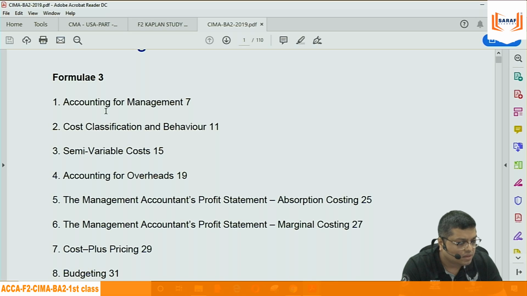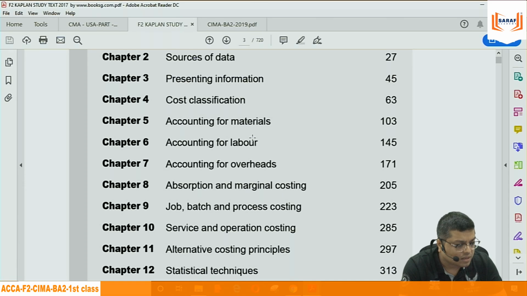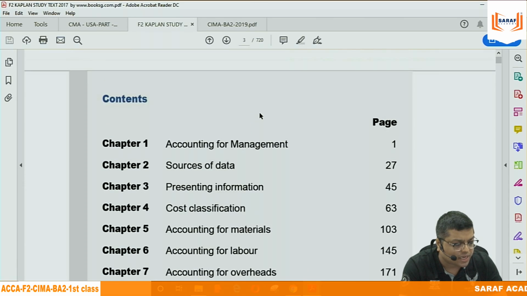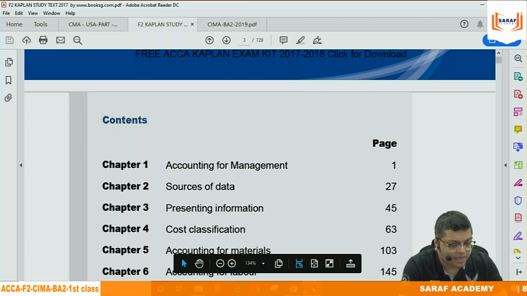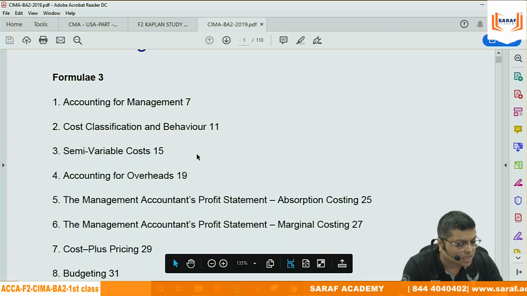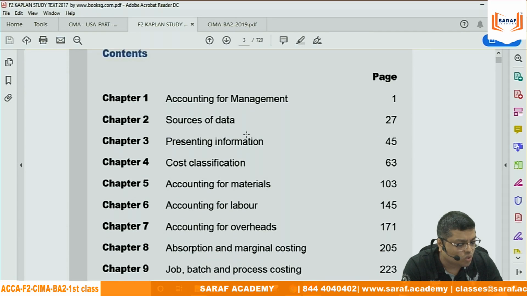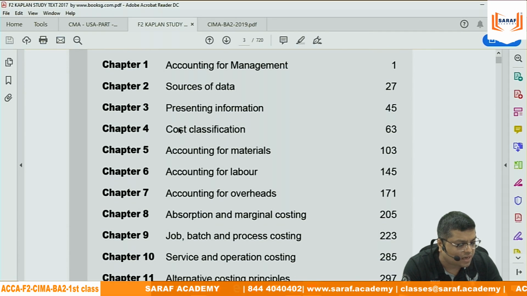Now, accounting for management. Here also the first topic was accounting for management, in both ACCA and CIMA. Then cost classification and behavior. Here also you will see cost classification and behavior.